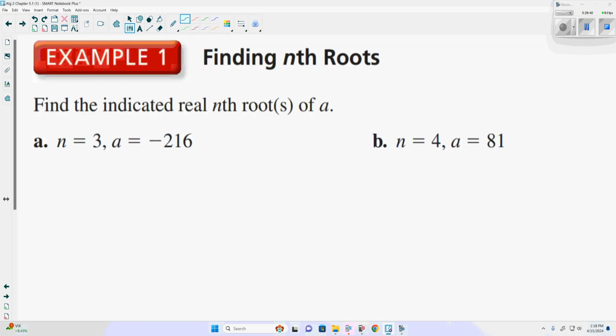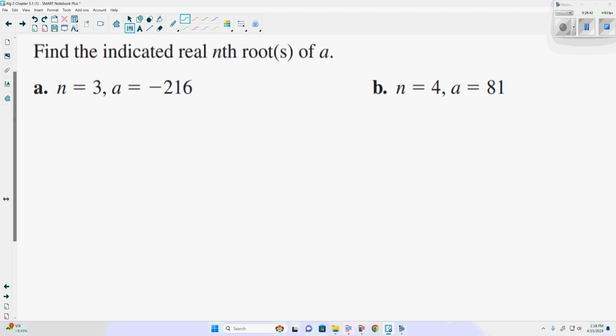So, let's look at this next part here. Find the indicated real roots of a. So we're looking for the nth root of a. For our first one, our n value is 3 and a is negative 216. So we're taking the cube root of negative 216.